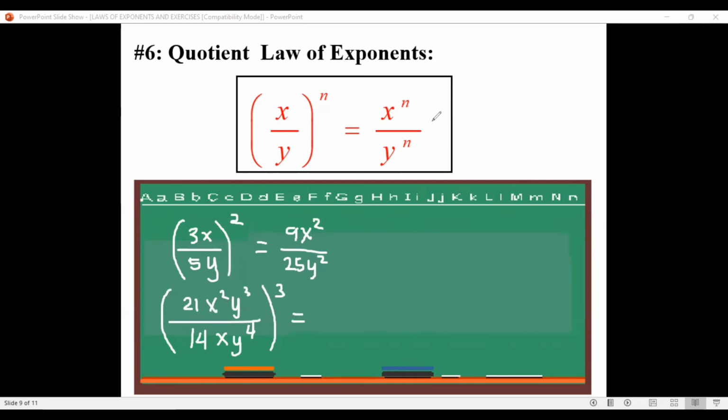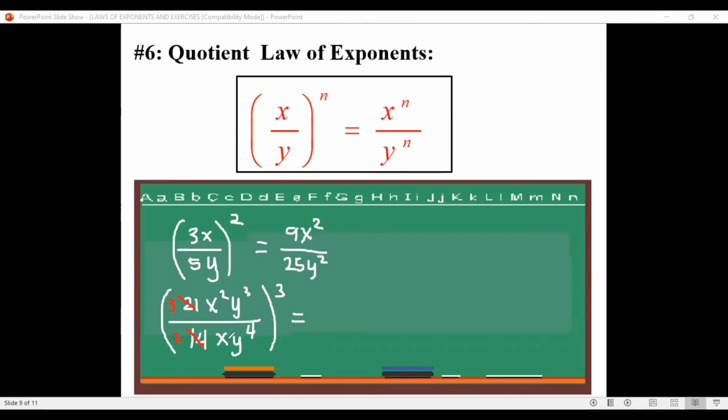In this case, obviously, 21 and 14 are divisible by 7. So we can reduce that already. Dividing by 7, 21 becomes 3, while 14 divided by 7 becomes 2. Then, as you notice, you have x squared and then x.